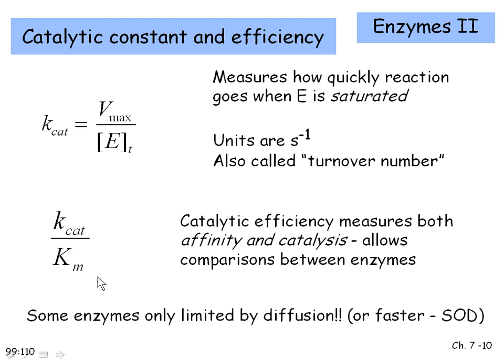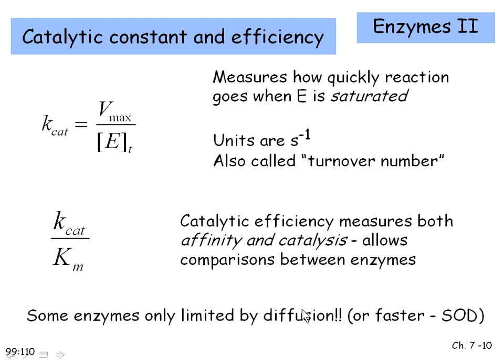When you do this, it is possible to measure these things and to discover there are some enzymes that are such good enzymes that they basically catalyze a reaction every time the substrate hits them. They are what we call limited by diffusion. It's just a question of how fast the substrate can get to the enzyme.